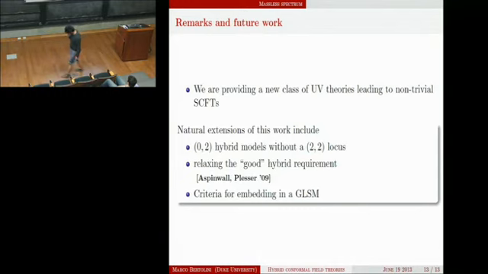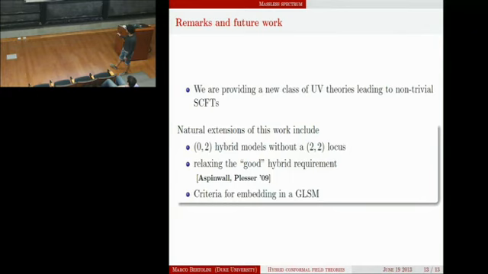Now there is other future work. At least the first one, as soon as we're done with this paper, we will definitely look at 0-2 hybrid models, especially those without a 2-2 locus. And I agree with you that there we expect the real fun to happen, right?